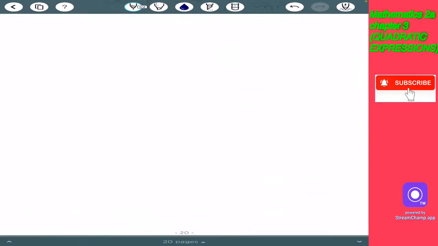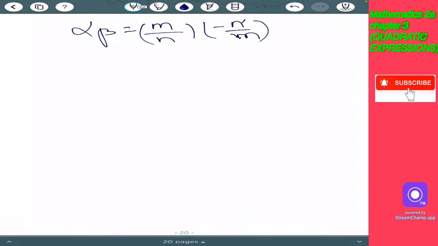Now you need the product of roots, alpha beta, that is m by n multiplied by minus n by m. In the multiplication, numerator and denominator cancel, they are the same. So minus 1 is the product of roots.